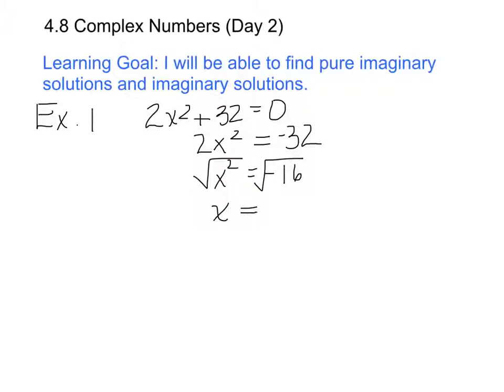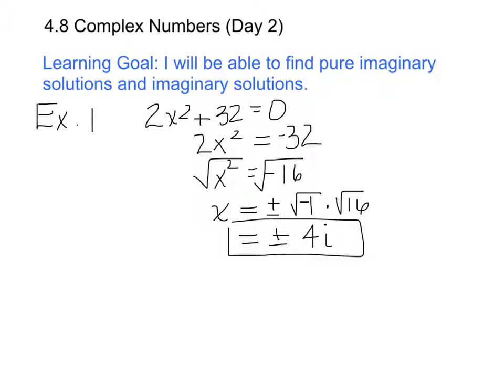So x would equal plus or minus, remember negative 16 is square root of negative 1 times the square root of 16, which will give me plus or minus 4i. And that's your solution. We'll call this example 1a.